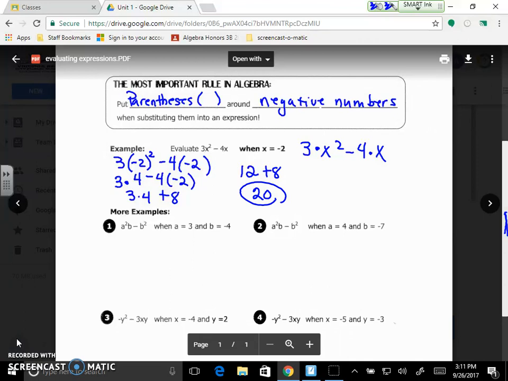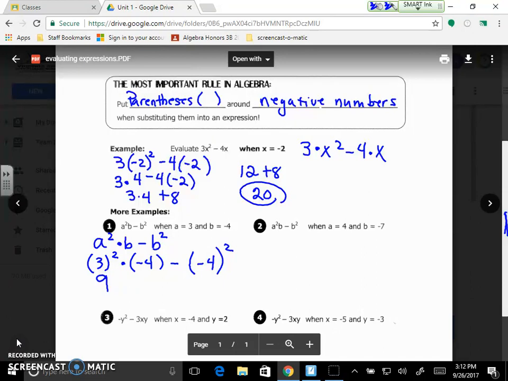Let's check the next one. Another example. Let's rewrite this. This is a squared times b minus b squared. Take a look. It says when a is 3 and b is negative 4. So I'm going to say 3 squared times negative 4 minus, and you're going to put your parentheses around it, negative 4 squared. So 3 squared is 9.